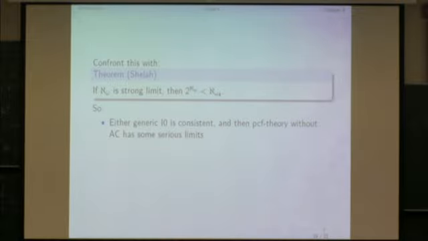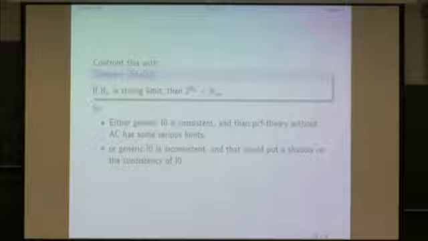So pretty much, either generic A0 is consistent, and then PCF theory without choice cannot arrive at this, so there is some limitation on this. Or generic A0 is inconsistent. But then, usually, generic large cardinals are weaker than the large cardinal counterpart. So this would put some shadow on the consistency of I0. And nobody wants that, right?